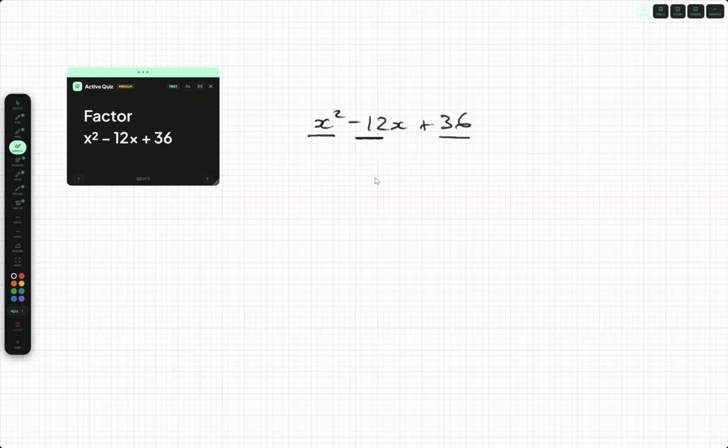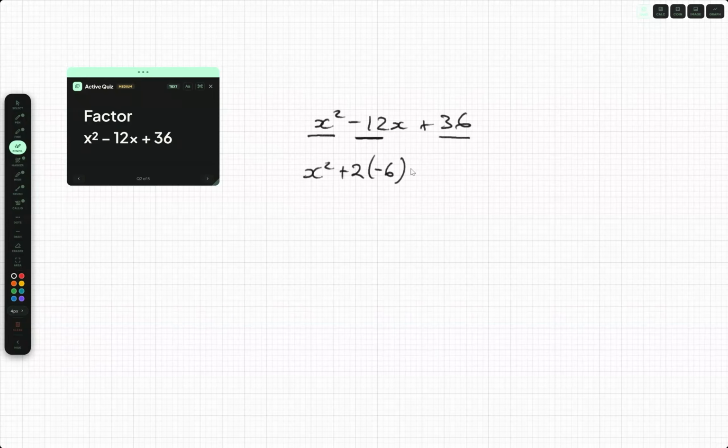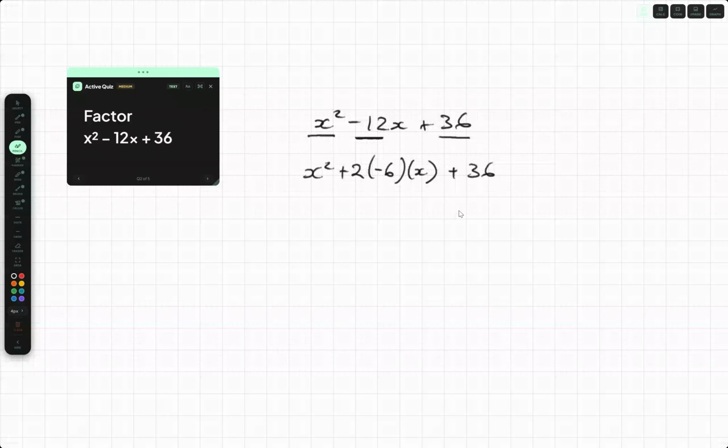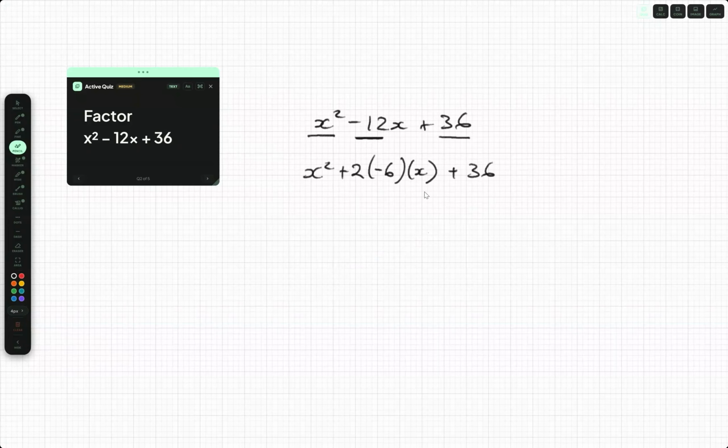So if we divide this by 2, we should get x squared plus 2 times negative 6 times our x plus 36. If we divide it by positive 2 and we divide it by x and we end up with something that when it's squared is equal to 36, and minus 6 squared does equal 36, then we have our answer.